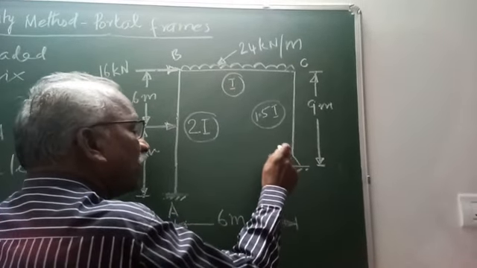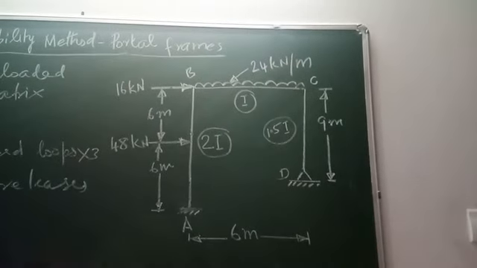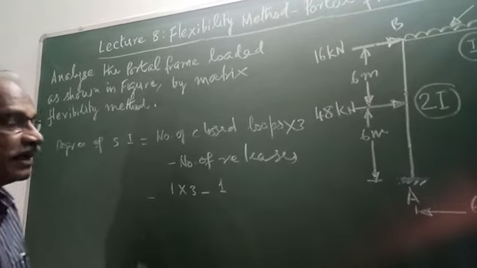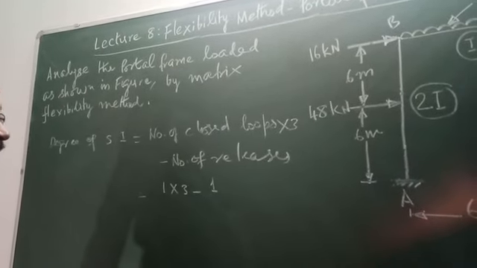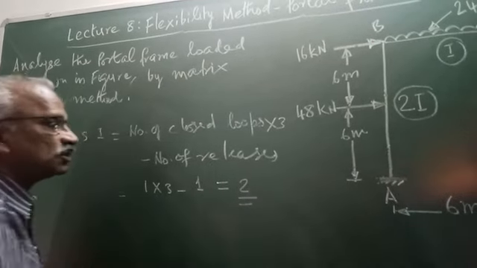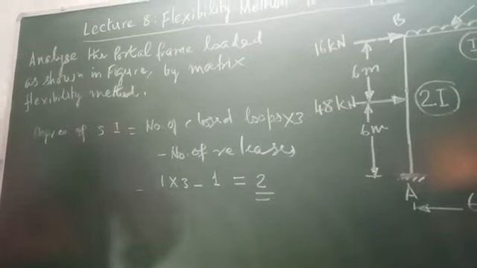So there is one degree of freedom, it is free to rotate. That is otherwise called release. So number of release is 1 at D. At D it is free to rotate. Therefore 1 into 3 minus 1 equal to 2. So this structure is statically indeterminate to 2 degrees.